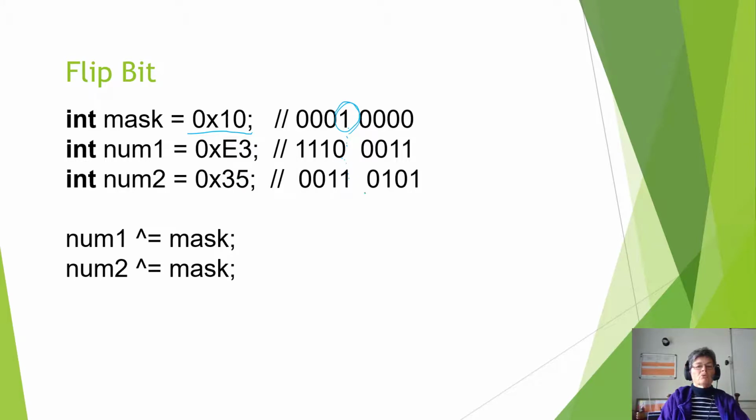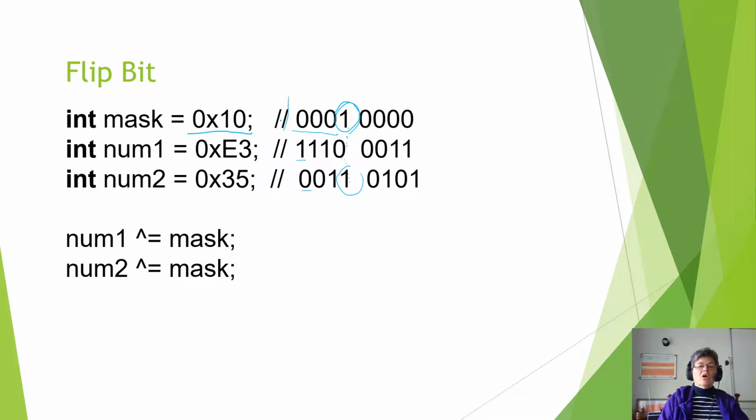And so this 0 will change into a 1. If there was a 1 there, and I do an exclusive OR with this 1 and this 1, then it becomes a 0. So now the 1 is flipped into a 0. All the others will stay as they are. If you do an exclusive OR with a 0, then if there was a 1, it stays a 1. If there was a 0, it stays a 0.